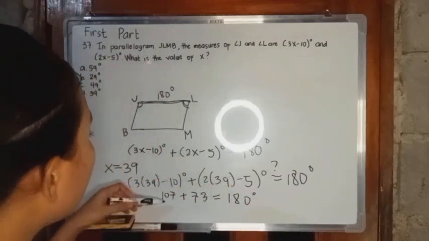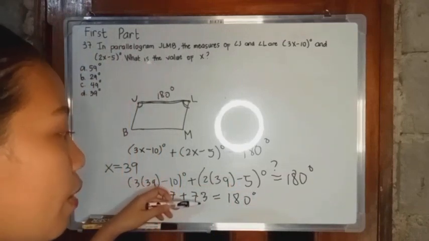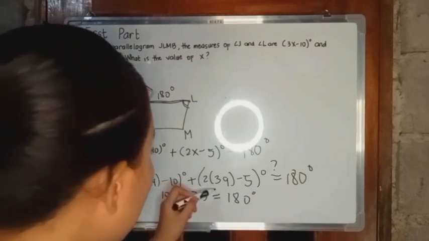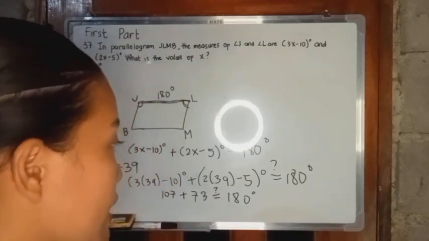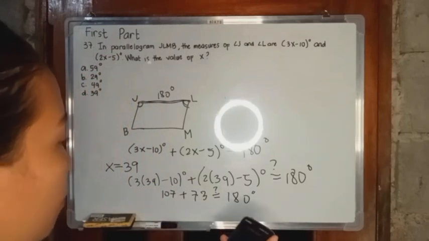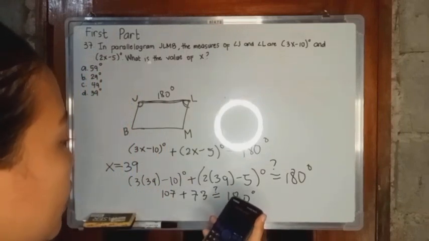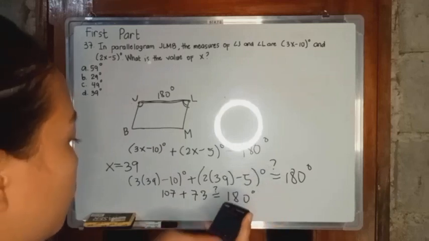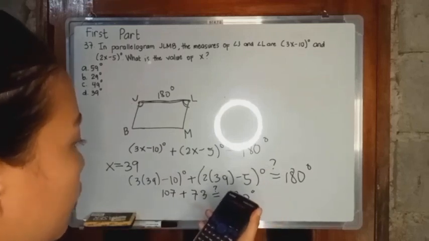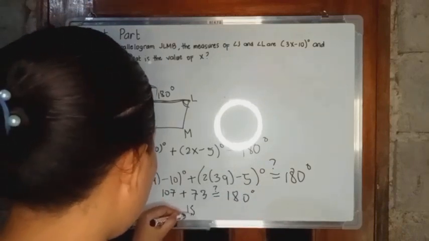Now, is 107 plus 73 really equal to 180 degrees? 107 plus 73 is equal to 180.